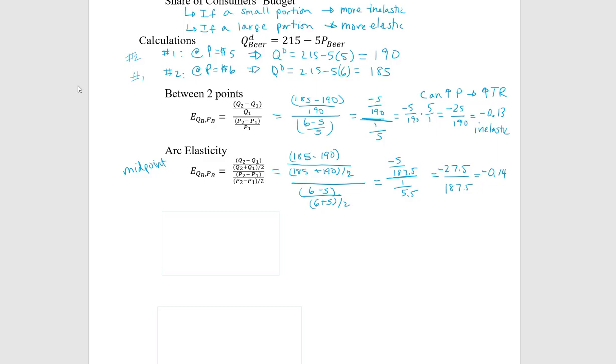There's another way that we can calculate elasticity that is often useful, and this is calculating elasticity at a particular point. I'm going to derive that for you here, but suppose you only have the demand curve and you have a single point. Instead of having to get another point, would you be going forward? Would you be going backward?